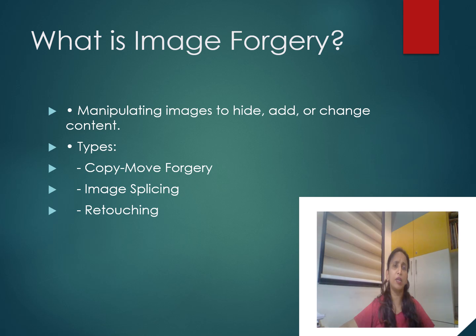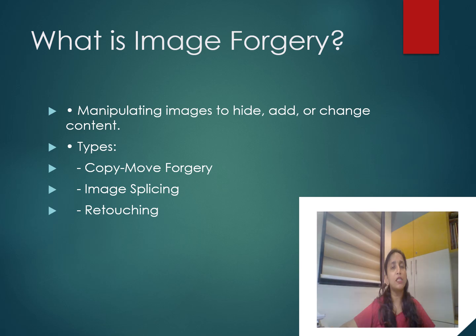So, what is image forgery? Image forgery means changing, altering, or manipulating an image to hide or fake information. There are three common types of image forgery. The first one is copy-move forgery, that is, a part of the same image is copied and pasted somewhere else. For example, cloning a background area to hide an object.